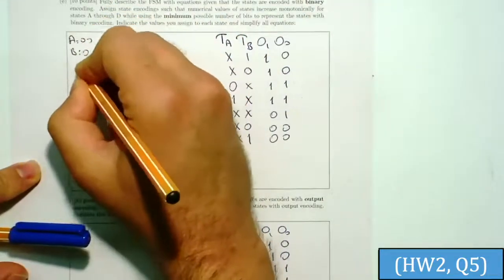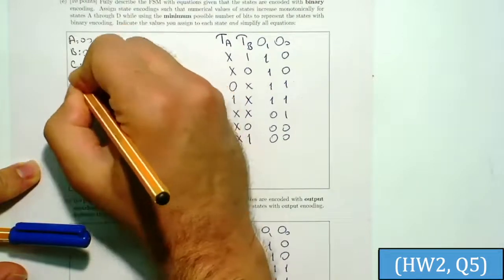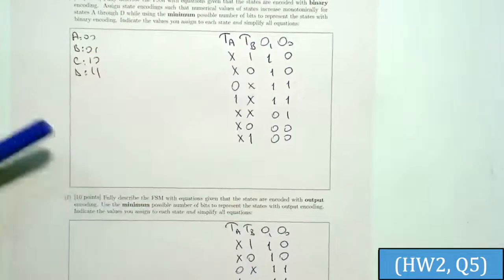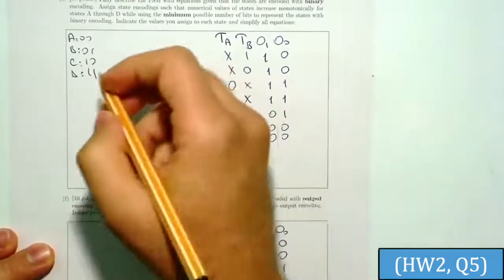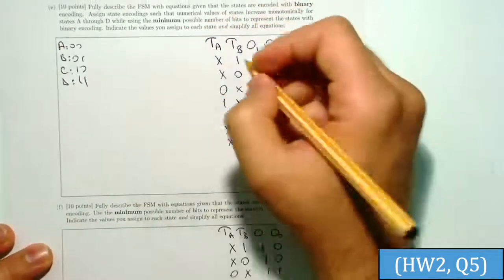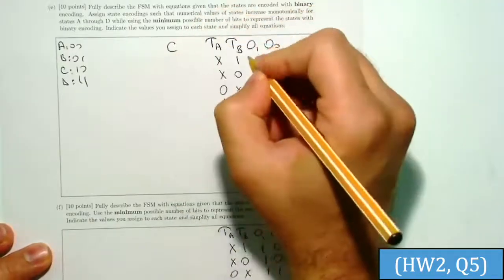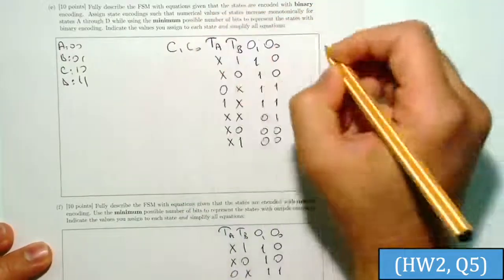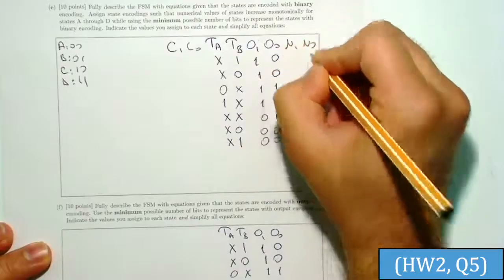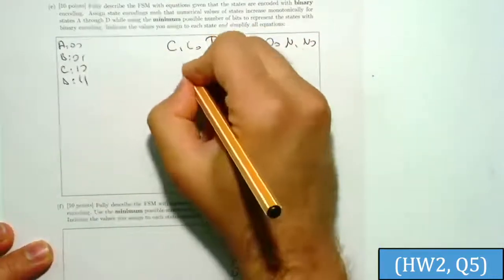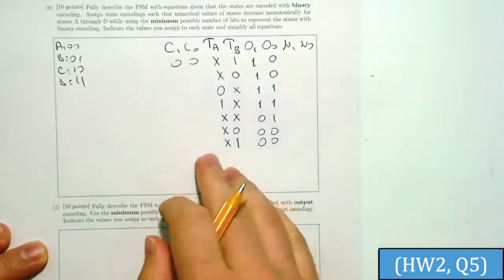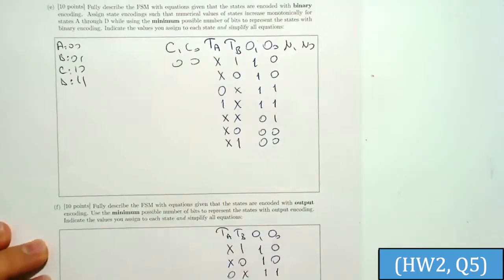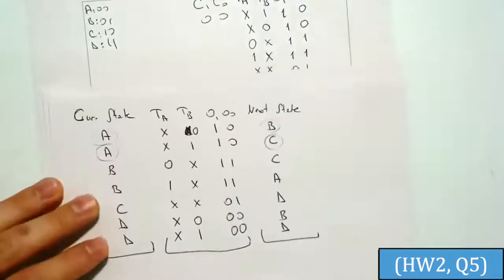It doesn't really matter, but make sure that you use the minimum number of bits to represent states, the same as in the previous question. This time we have only 2 bits, so let me follow that one again.